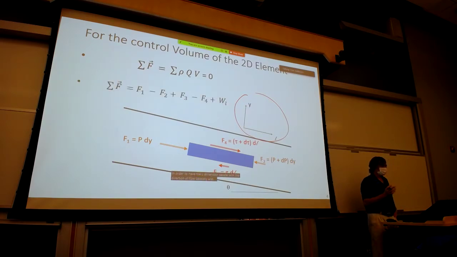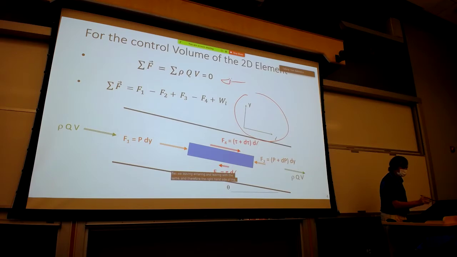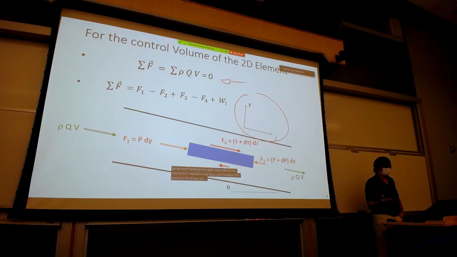And we recognized that when we included the momentum flux terms, because we had a constant thickness between these two flat plates, and we were looking at a constant element size, the momentum flux entering and leaving were the same, and therefore the right-hand side of the momentum equation was zero, and therefore the sum of the forces will be zero.